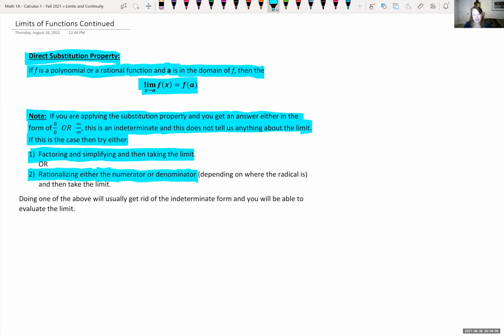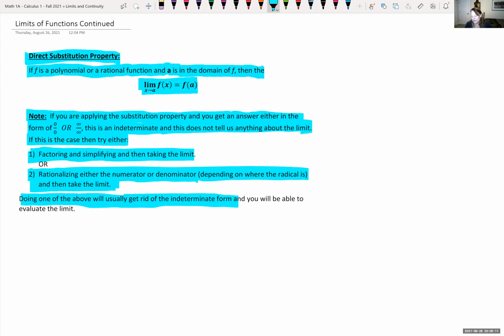If that's the case, and you plug in and do direct substitution and get 0 over 0, then you're going to want to try to rationalize the numerator or denominator, depending on where that radical is. Doing one of the above steps usually gets rid of the indeterminate form, and then we're able to evaluate the limit by direct substitution.